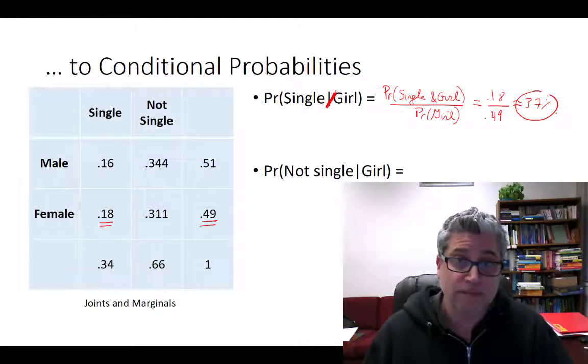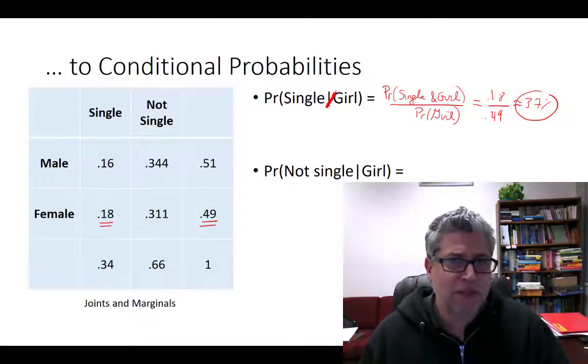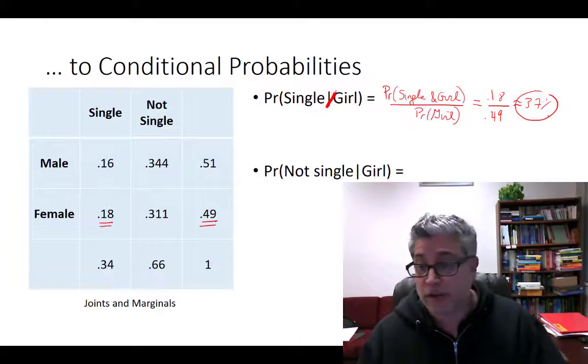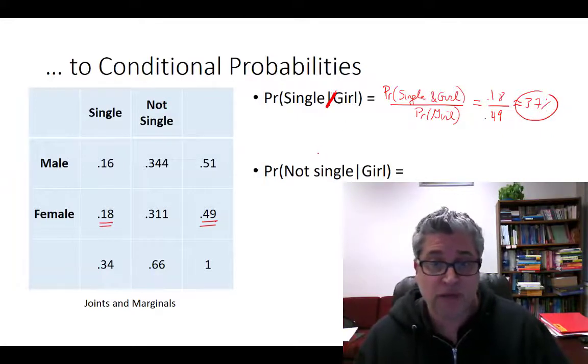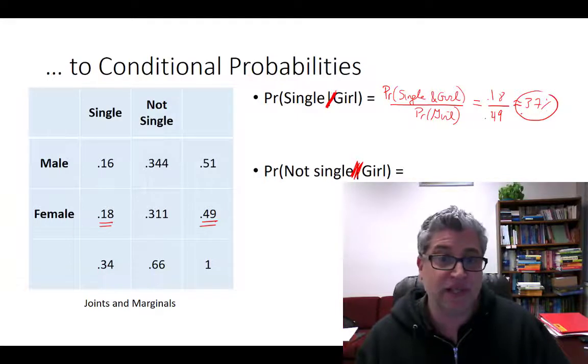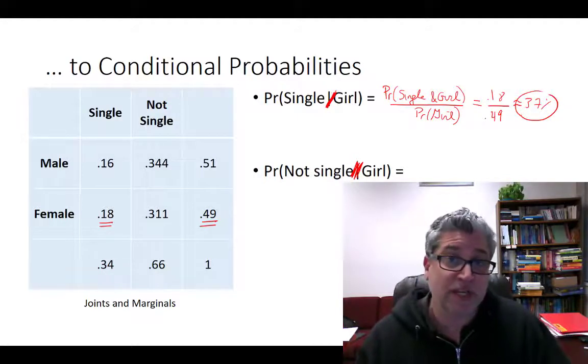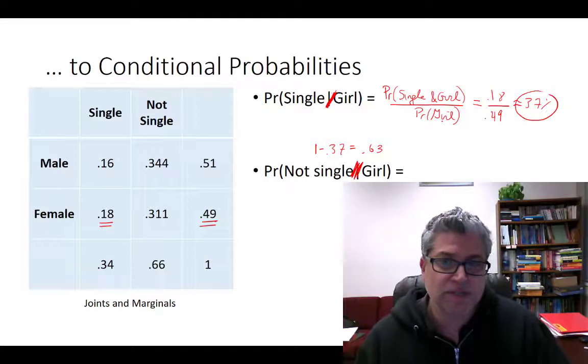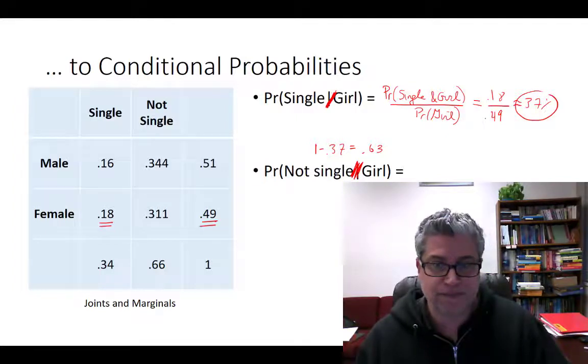I don't know what you think about those odds, but that's what you're facing at this bar. Now, what's the probability that the girl you bumped into is not single? Okay, well, there's two ways that we can do this. First, we've restricted our sample space in both cases to where we only care about the girls. So if I know that 37% of them are single, then 63% of them have to be not single, right? We could use the rule of complements to get 63%. But let's use this conditional probability stuff.